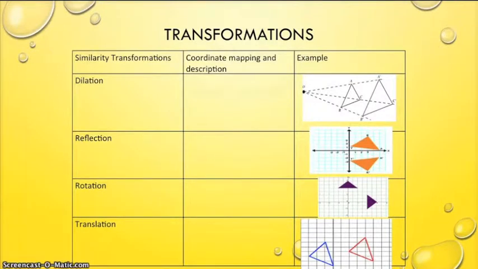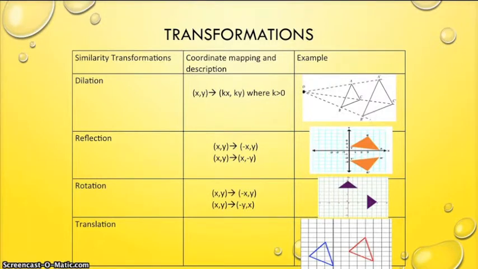Transformations. In dilations, you have to times the scale factor to x and y. In reflections, you switch the negative sign. In rotation, you switch the x and y, so it would be y, x.